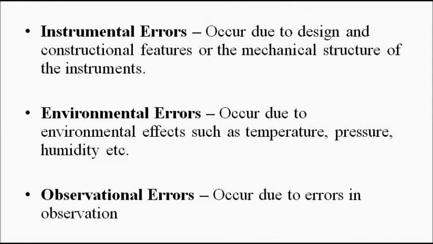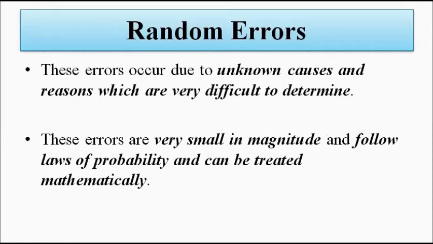Now, the third category is the random errors, the third type of static error. These are the errors whose cause is very difficult to determine. Why these errors happen, we cannot determine.